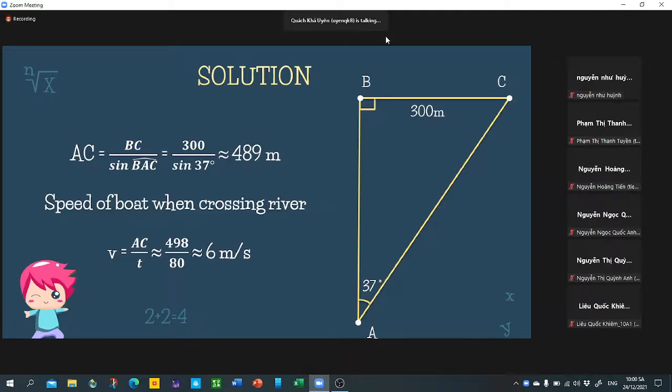This is the span of the boat when crossing the river. Speed equal AC over time, approximately 498 over 80, approximately 6 meters per second.